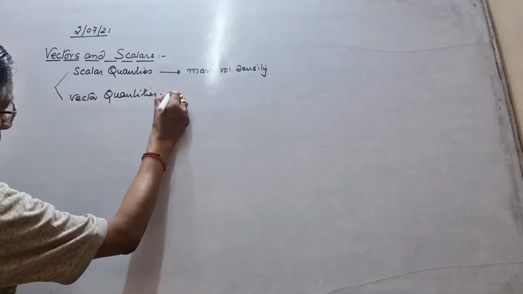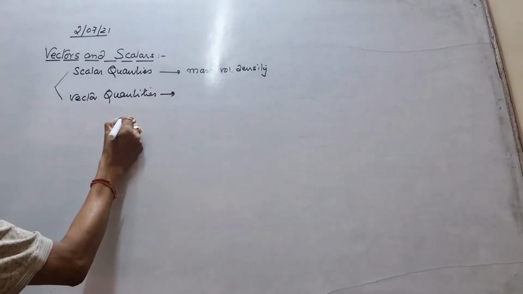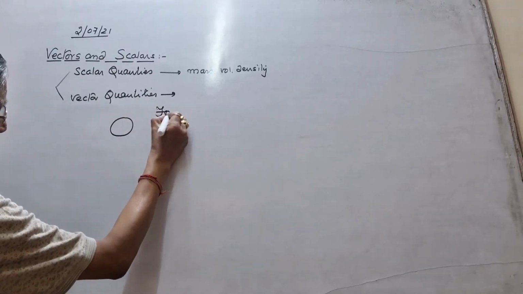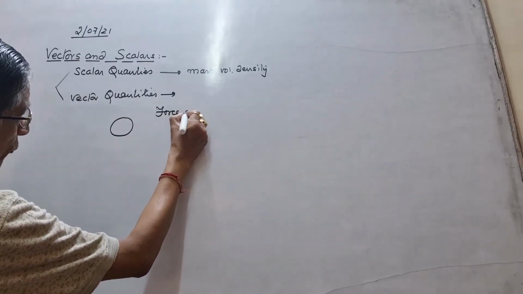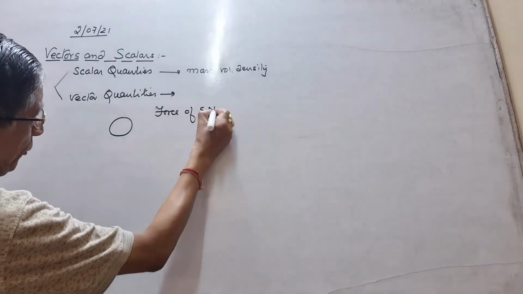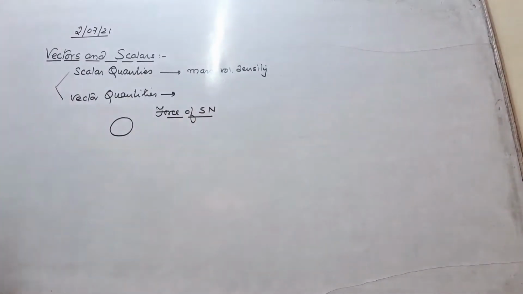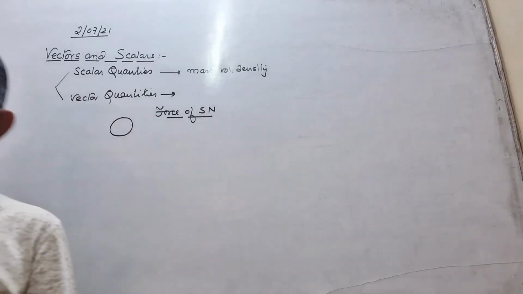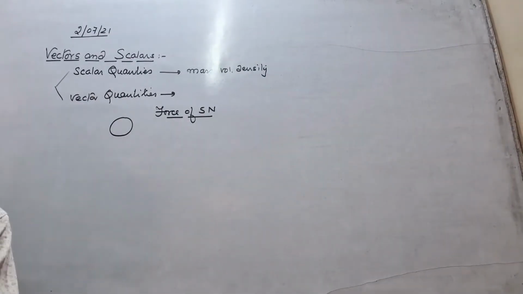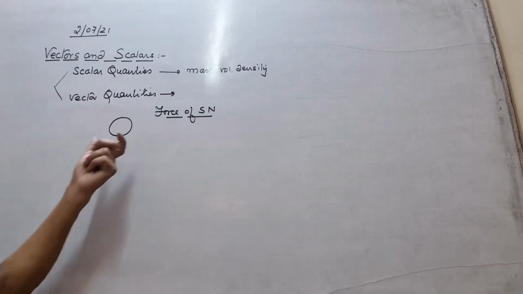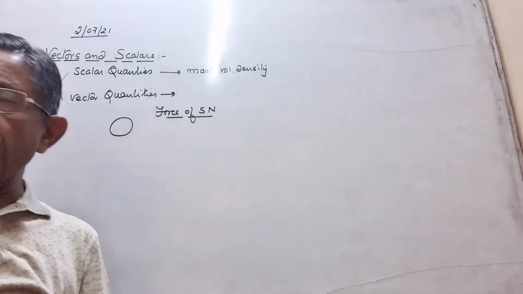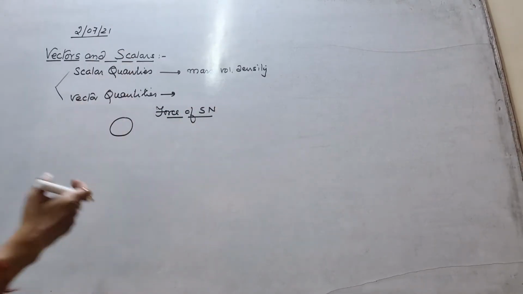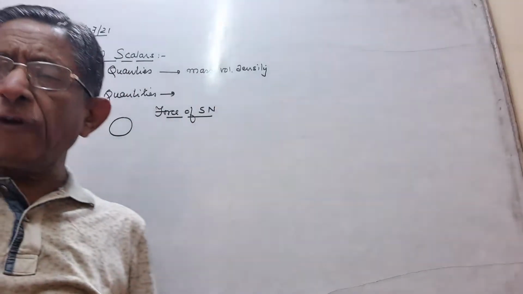Now we are talking about vector. Suppose this is a body. On this body I say to you, I am applying a force of 5 Newton. You may ask me, sir, in which direction are you applying force?